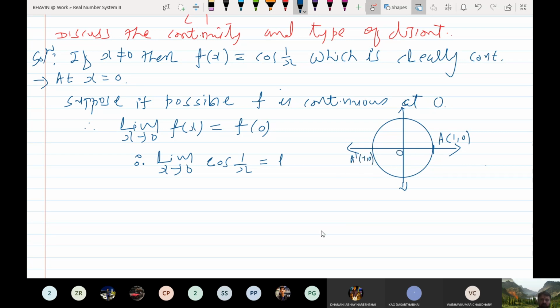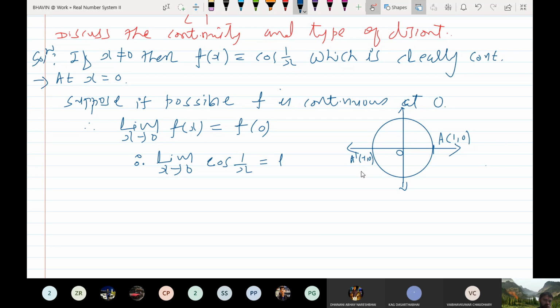This is origin. So there are two values 1 and -1.